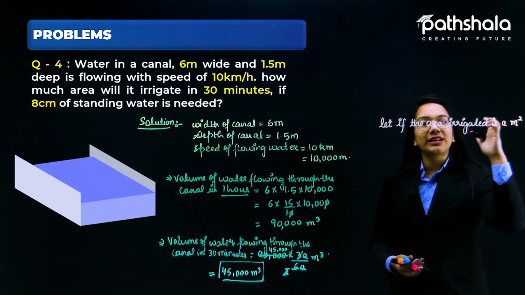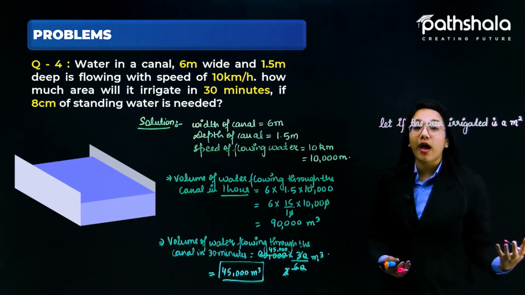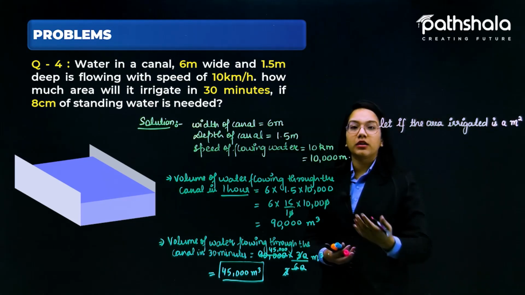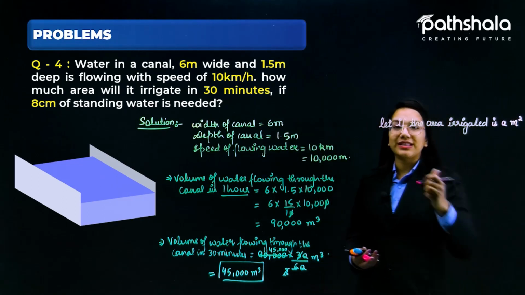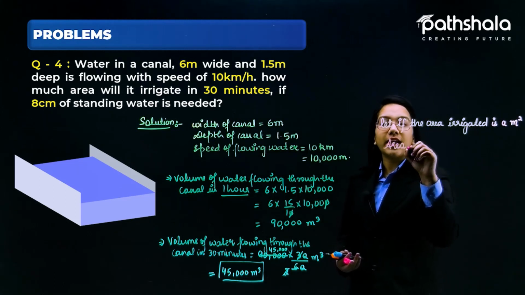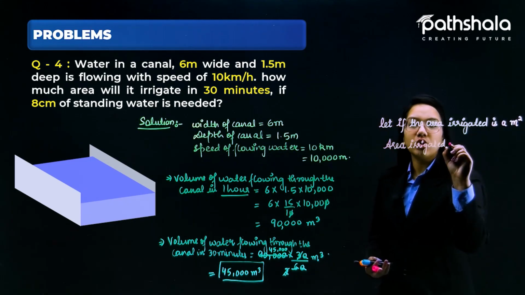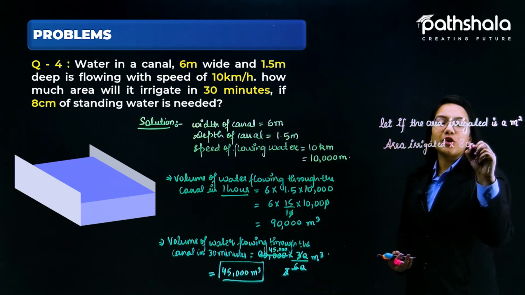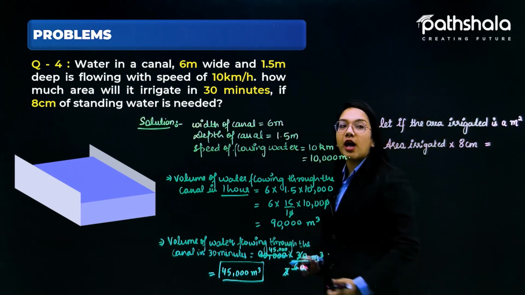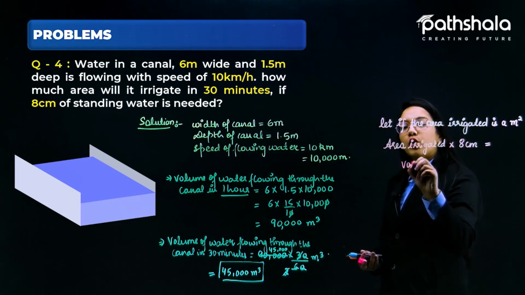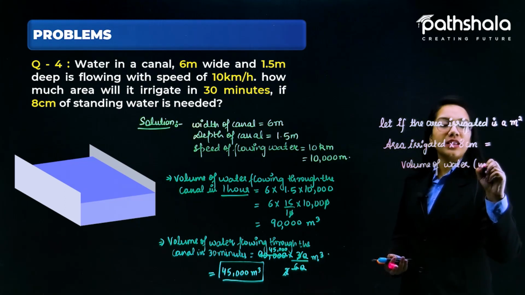Let us take the area that should be irrigated with that flowing water as A meter square, and obviously we need 8 centimeters of standing water there. So the area irrigated into 8 centimeters of standing water should be equal to the volume of the water flowing through the canal in 30 minutes.